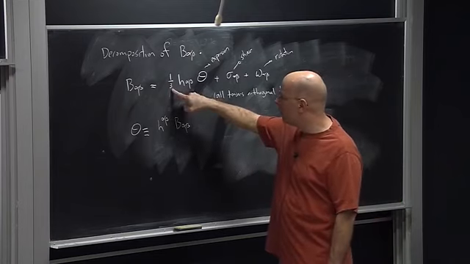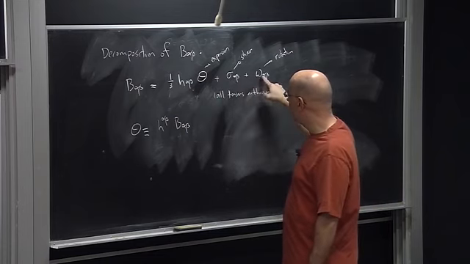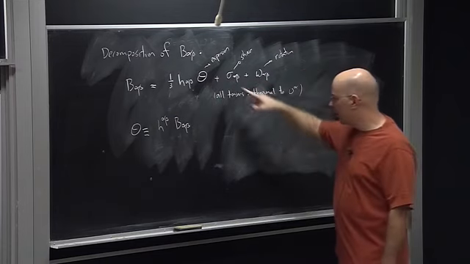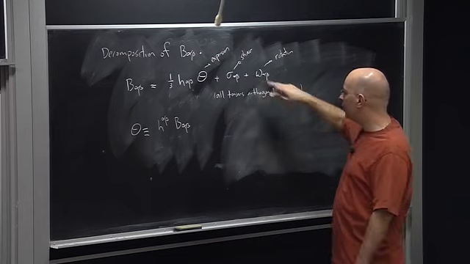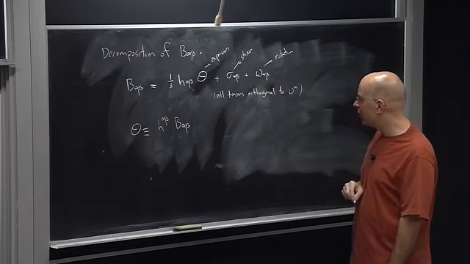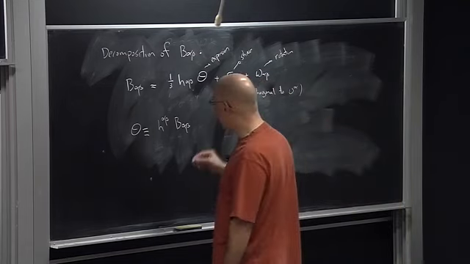So you kill off the 1/3, and you pick up nothing here, and you pick up nothing there, because this has no trace part. This is antisymmetric. So that's the definition of theta.